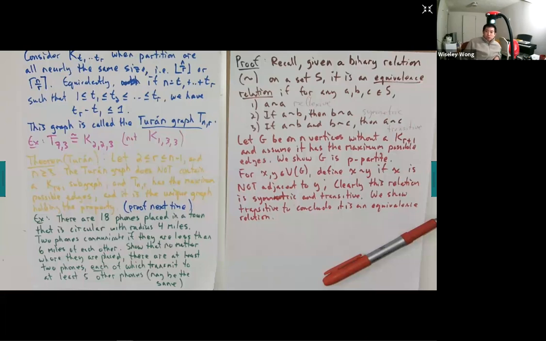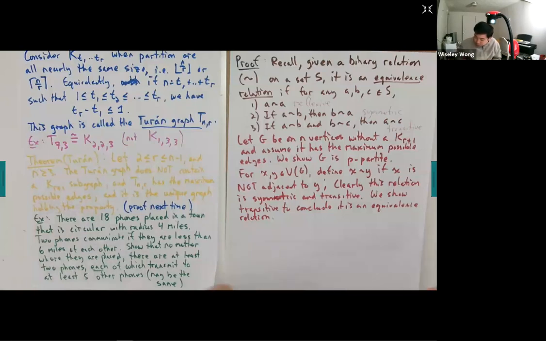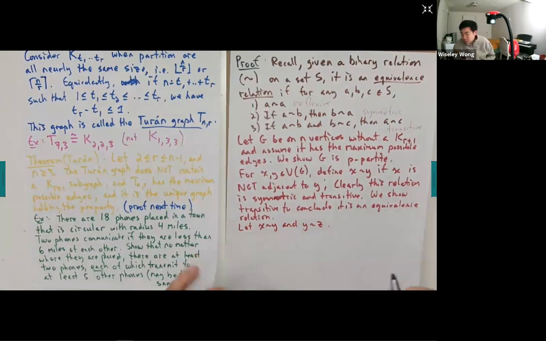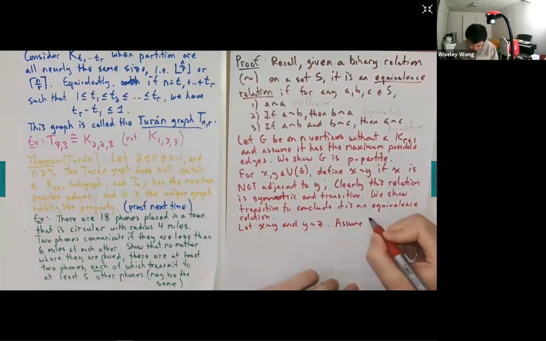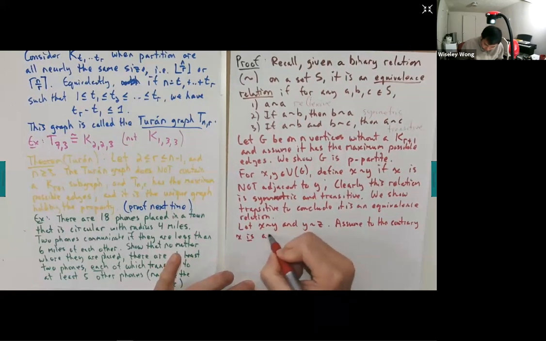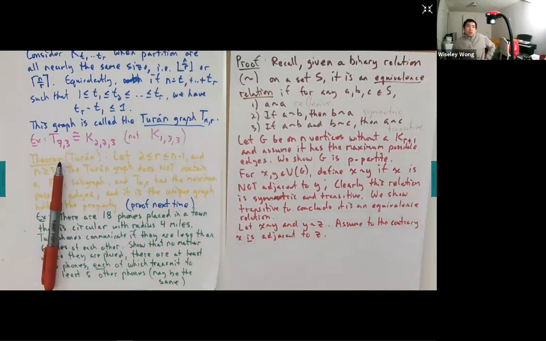For the third part, we're saying that if I know A is not adjacent to B, and B is also not adjacent to C, you want to conclude that A is not adjacent to C. The logic is that I assume X can be adjacent to Z, which would violate transitivity.